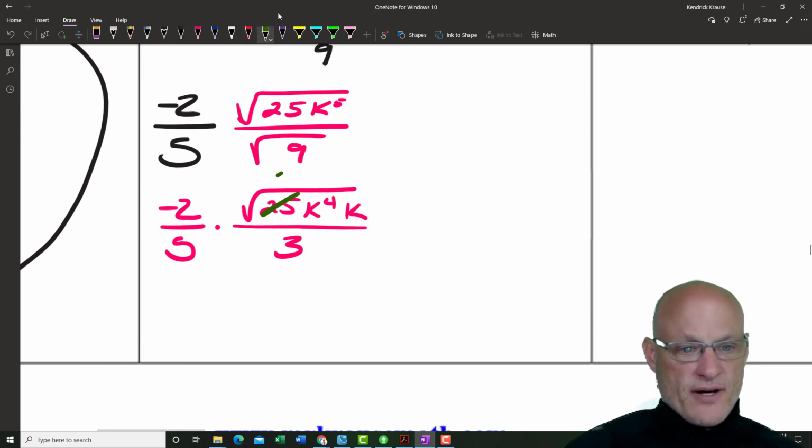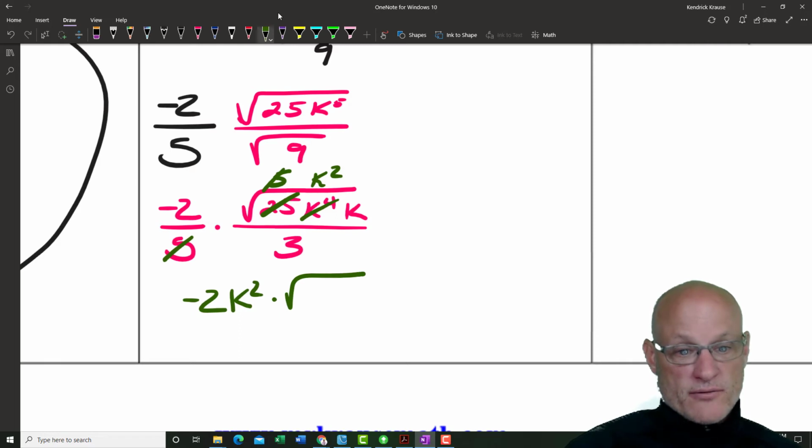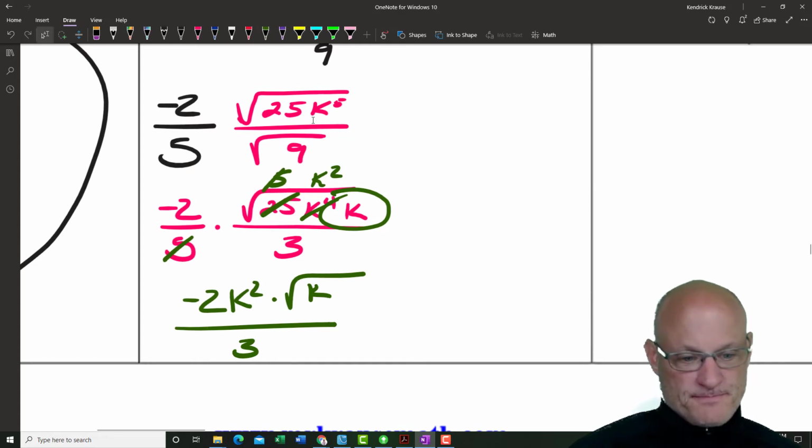This is just 5. Well, that 5 and that 5 cancel. K to the 4th is k squared. So what do I end up with on top? Negative 2k squared times the square root of, this is still under the radical, k over 3. Ooh, that's a tough one.